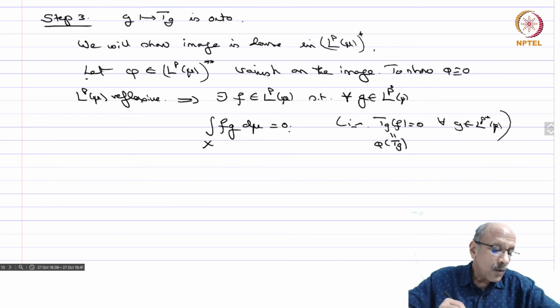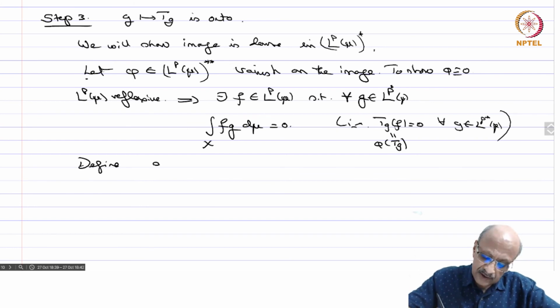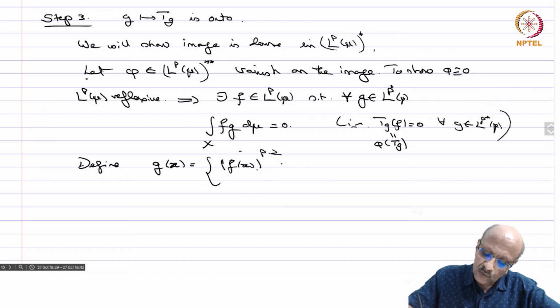So now again we will do the same trick. We define G of x equal to mod f to the p minus 2 times f of x if f of x is not 0, and 0 if f of x is 0.